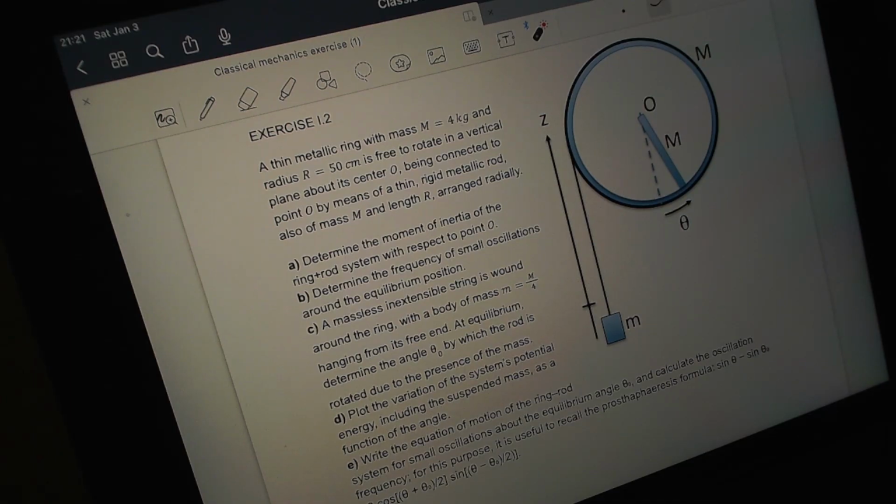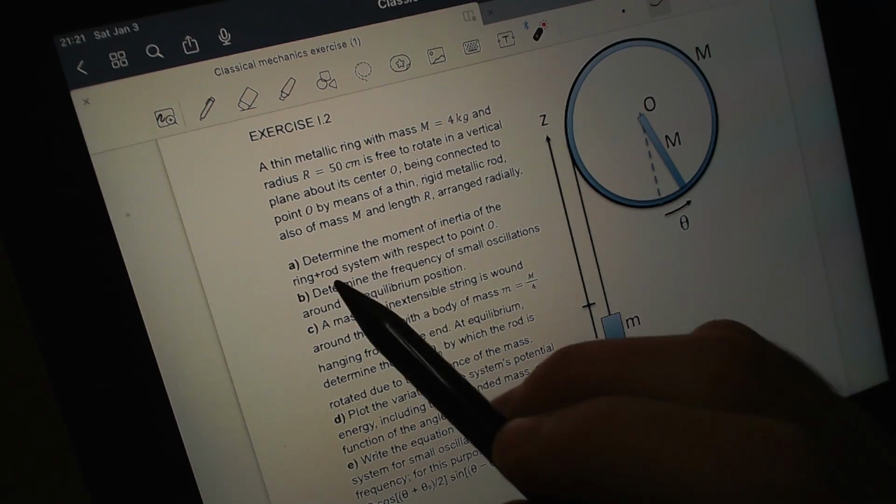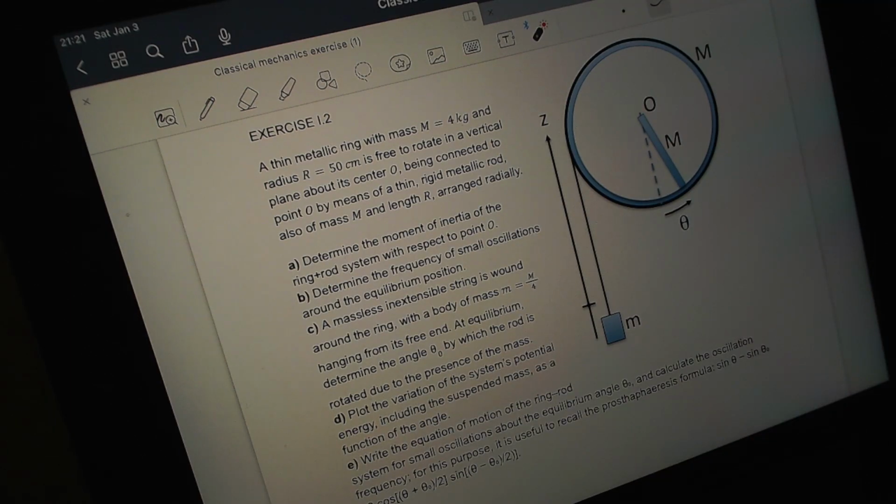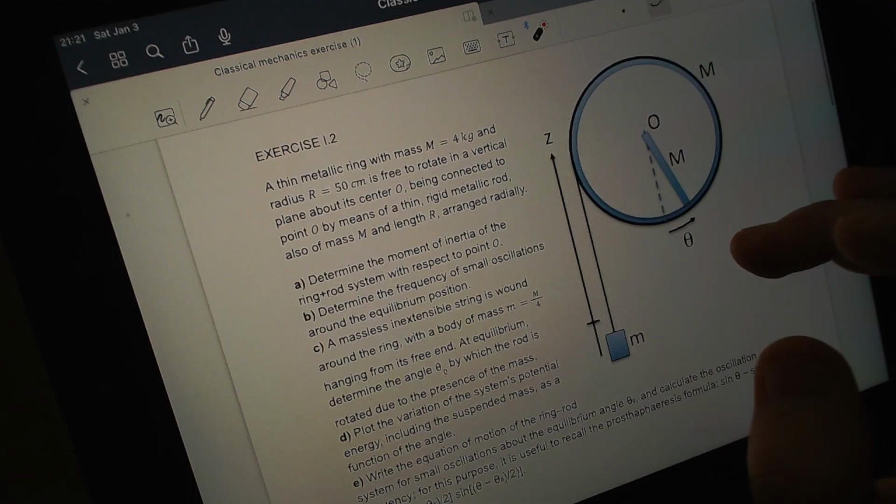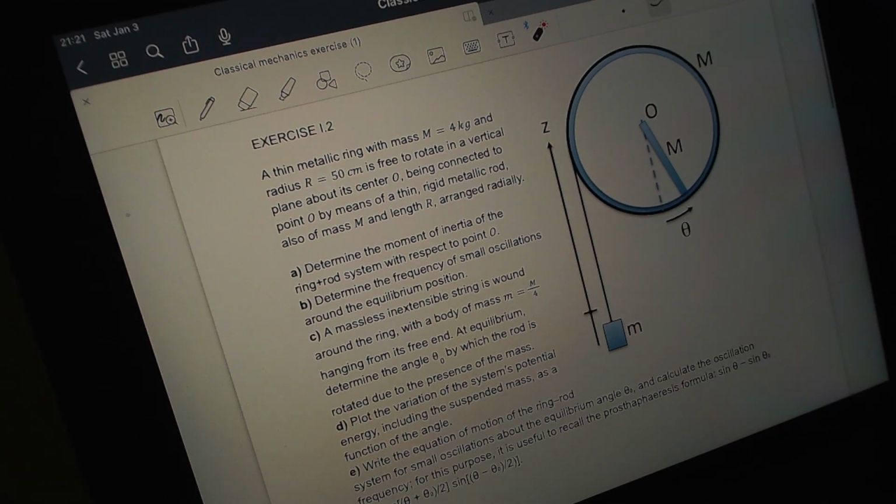So if you are interested you can watch my first video, but in any case I'm going to sum up briefly the results of these first three points of the exam. So in this exam there is basically a thin metallic ring whose mass is 4 kilograms and the radius is 50 centimeters.